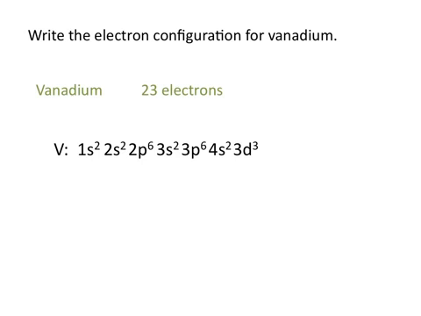This electron configuration contains all 23 electrons and follows the diagram that I showed you before for remembering which order to fill the orbitals in.